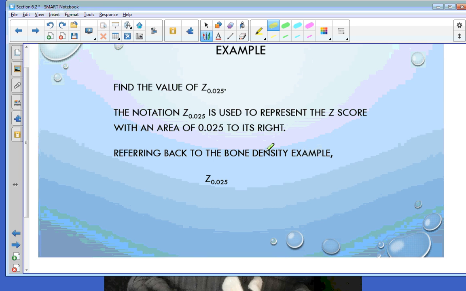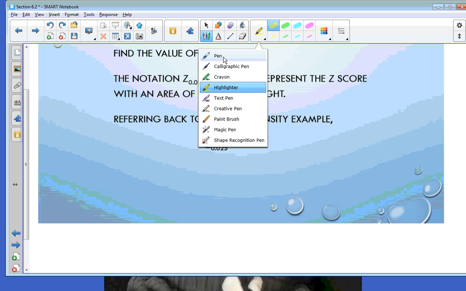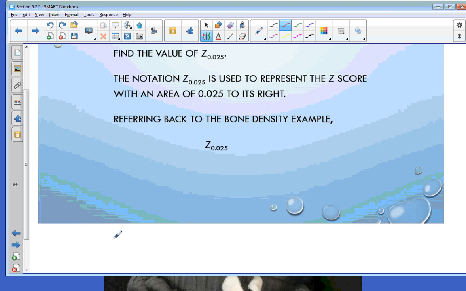Refer back to the bone density example. So if we do that, we'll remember that we have our normal curve and 0.025. Think how small that is. That's a teeny tiny, that's like 2.5 cents of a dollar, teeny tiny. And we want the area to the right of z.